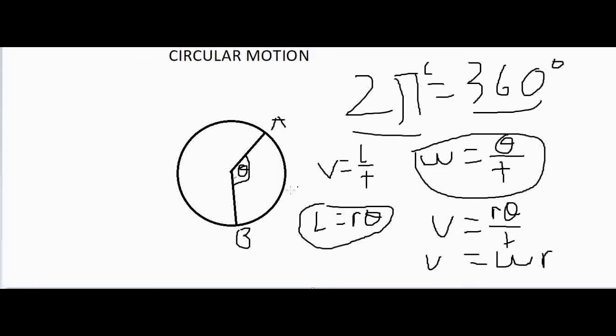Now, of course, there is a force acting on this. For it to be moving, there has to be a force acting on it, and that force is known as centripetal force. This is the force that acts towards the center of a circle when a body is moving through circular motion.